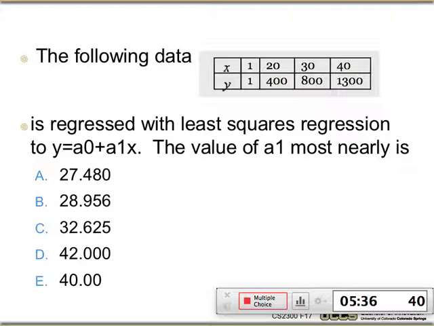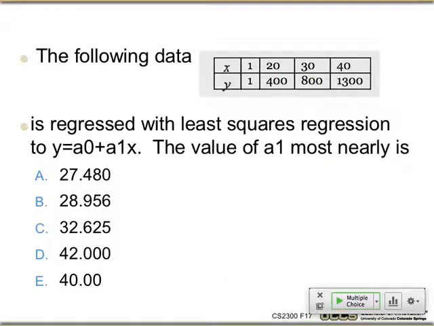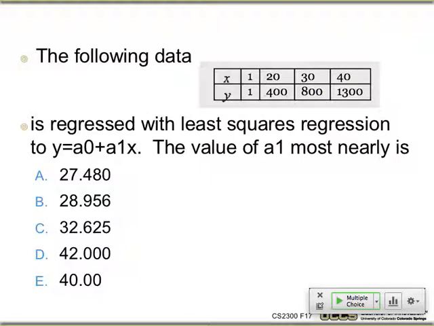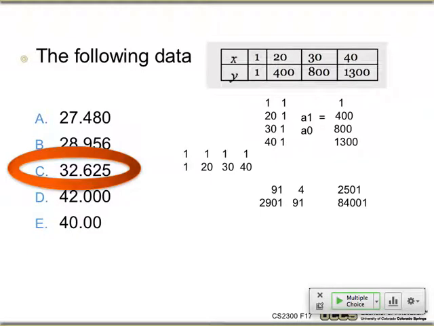Okay, so we get a lot of spread on this one. The answer is 42, but that's to a question I don't know what it is. The correct answer for this one is actually C, 32.65. Again, we can do this by forming the normal matrix. So the matrix with rows 1, 20, 30, 40 and 1, 1, 1, 1 times A1, A0 equals 1, 4.